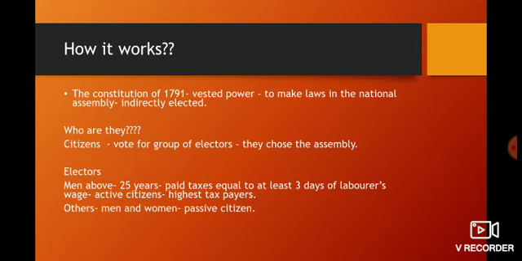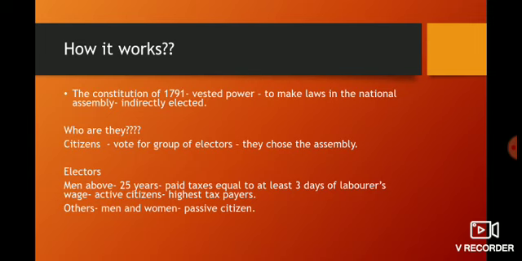What is meant by 3 days of a laborer's wage? If there is a laborer who is getting an income, their income will be calculated for 3 days. The person who pays 3 days of income as tax will be eligible to vote. So that voting eligibility is given to rich people.